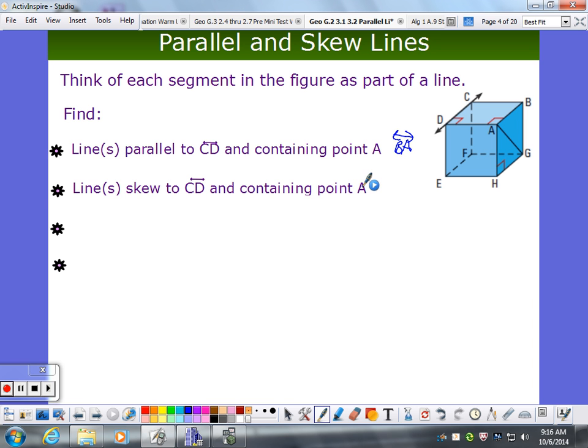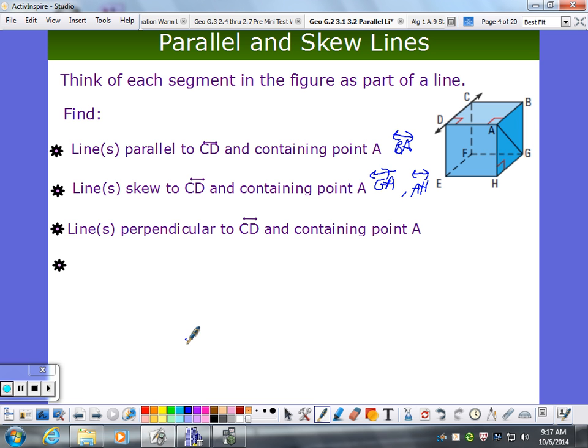GF is right, it just doesn't contain A. GA? Oh, yeah, that works. Are there any others? AH is another one, we have two in here that I can see. So this one and that one are skew, they're not parallel, they won't intersect.